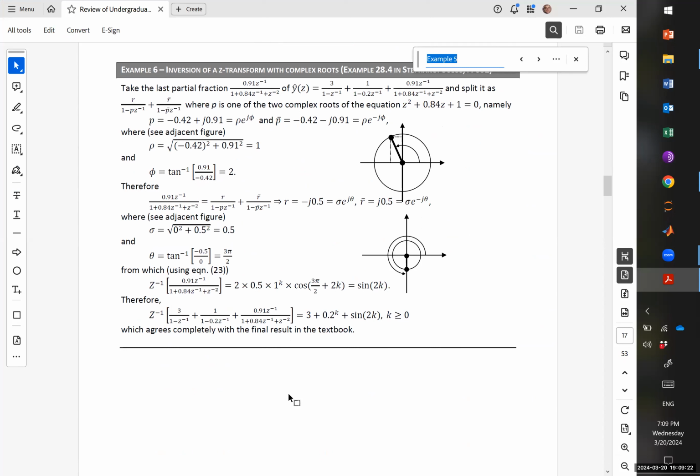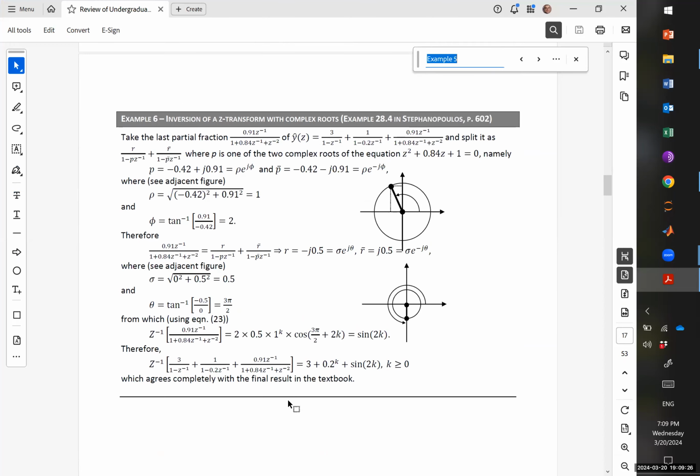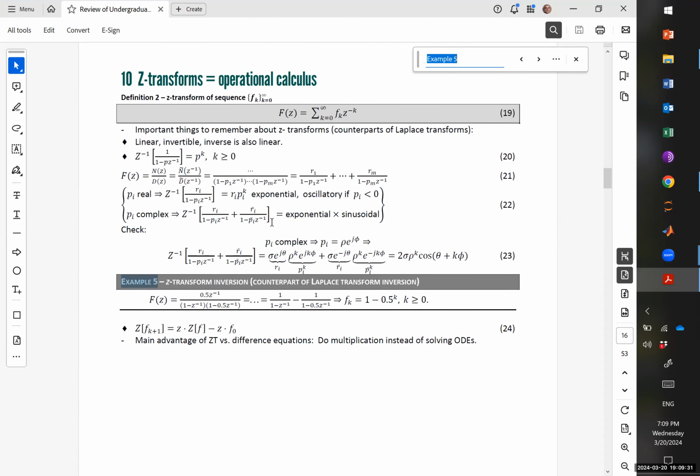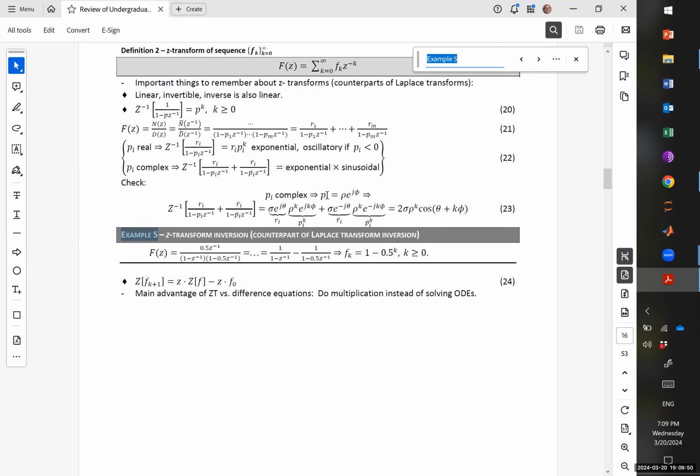You just follow the formula from the previous page. The previous page tells you how you find phi. So you just have this pi, you write it in the form rho times e to the j phi. That's a complex number. If you don't remember that, not to worry, I have an appendix in the notes. No, pi is this number here, which is the pole.